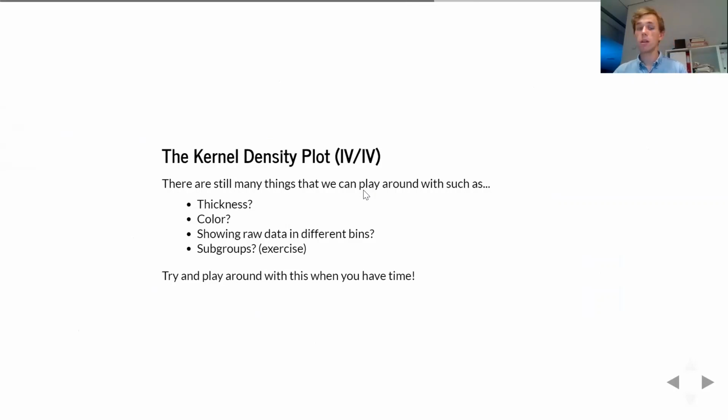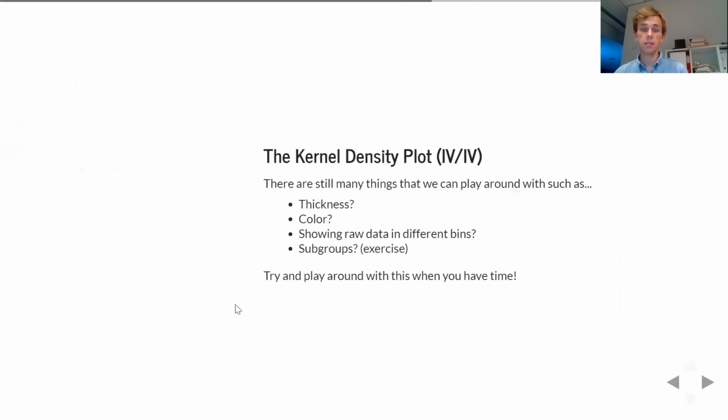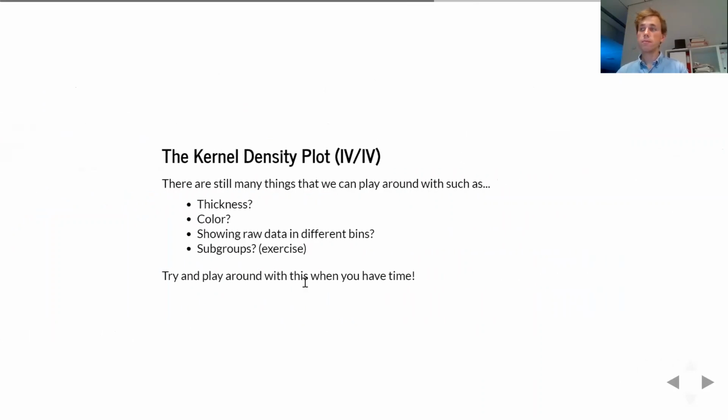We could maybe, for instance, create a plot for both males and females in our data, or something else. So I suggest that you try and play around with these things when you have time. You will have time for this, and you will also play around with it in the exercises. But I think this is something that's actually quite fun to do.